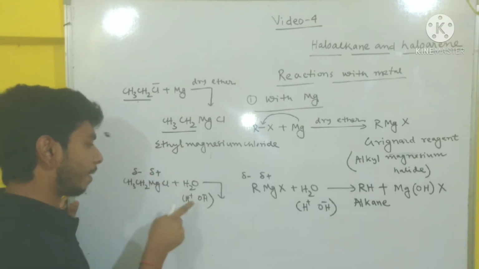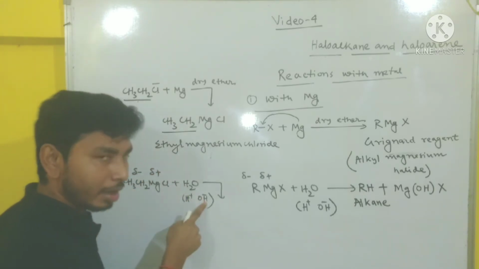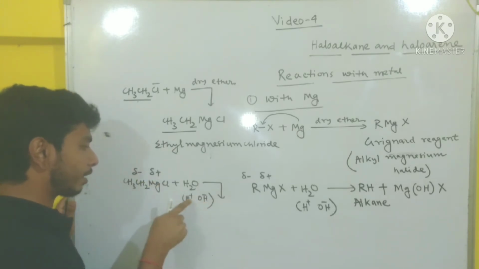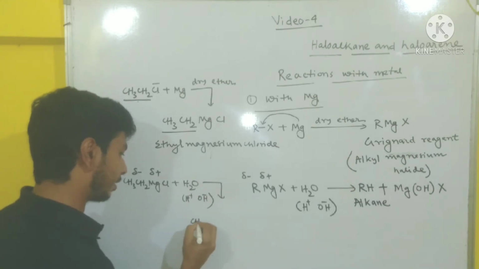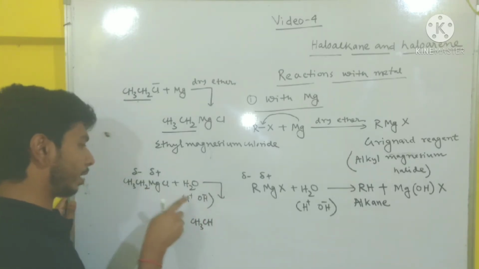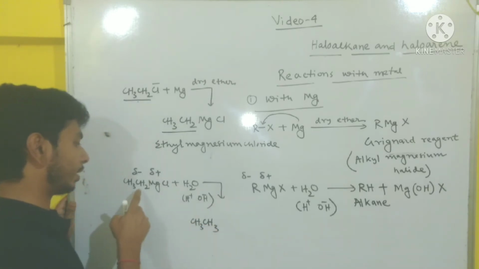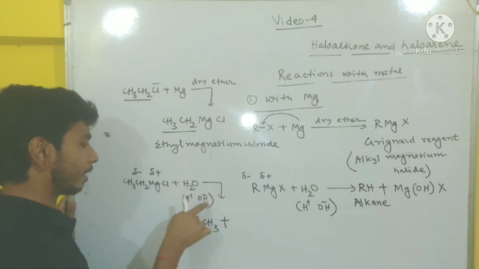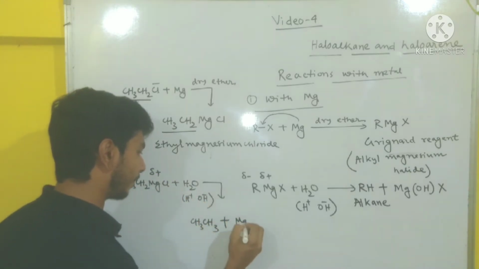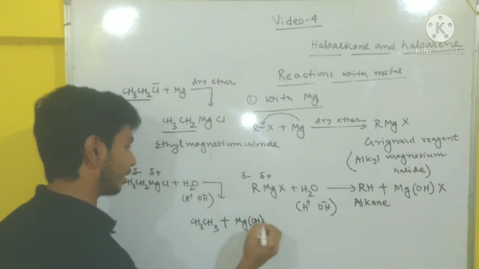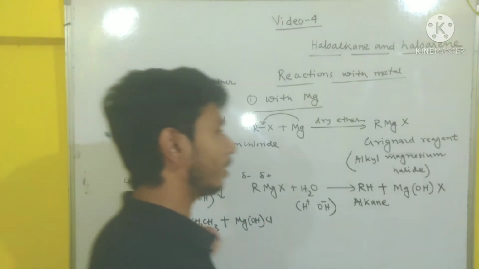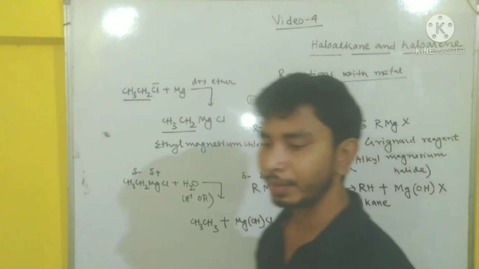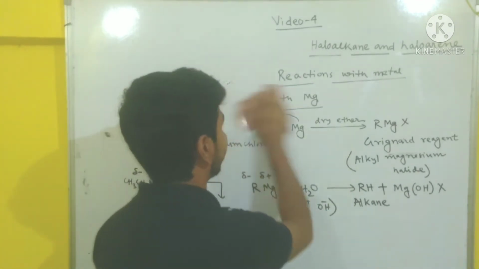So minus will combine with plus and plus will combine with minus. The product will be: the carbon combines with hydrogen, giving CH3CH2H. Mg is positive, it will combine with negative, which is OH, so MgOHCl. So this is about the reaction with the magnesium. Now the next reaction.